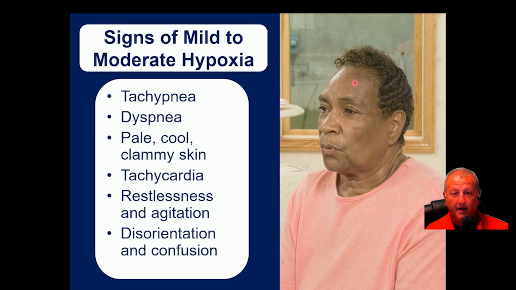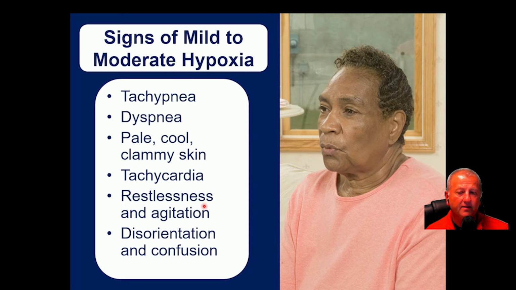You could be angry, restless, agitated, all of those things, if the brain's not being perfused. Now, when I say perfused, I mean perfused with oxygen or blood or both. And then the patient is disoriented and confused. Everything in your mental status relies on whether we are being perfused.